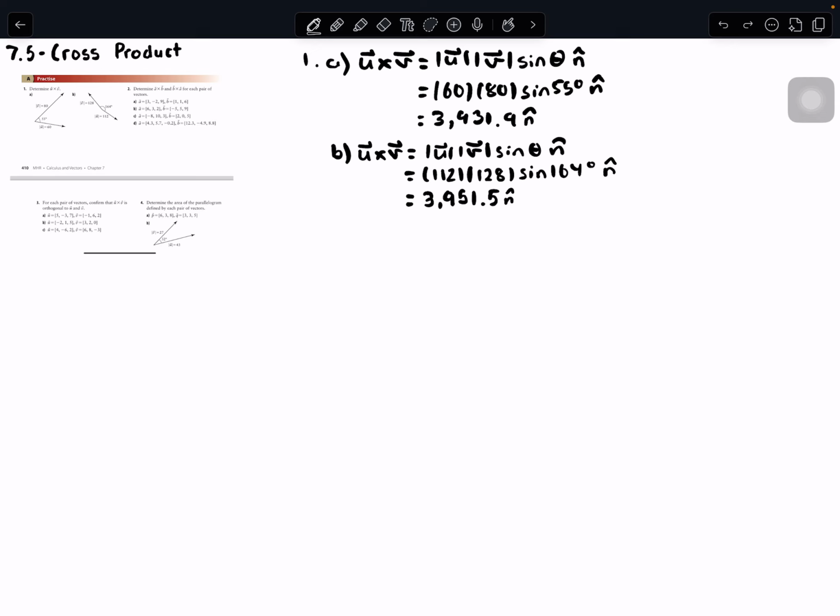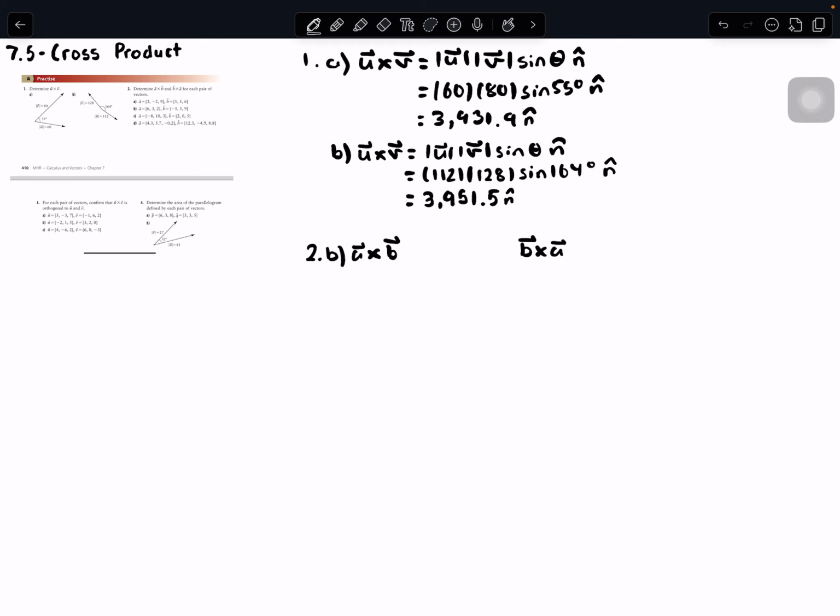Okay? So 2, determine A cross B, B cross A for each pair of vectors. So I'm probably going to do B and D here, actually. B and D. So we're determining A cross B and B cross A. Write them out separately here.